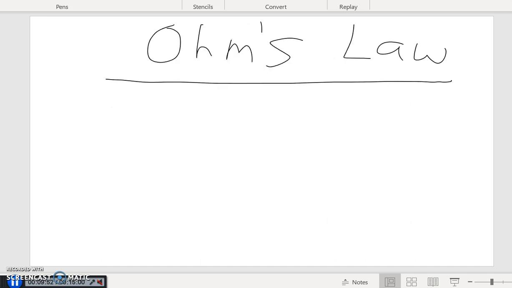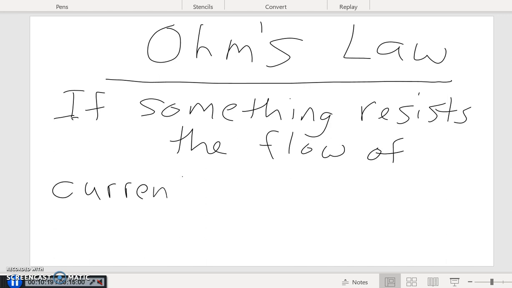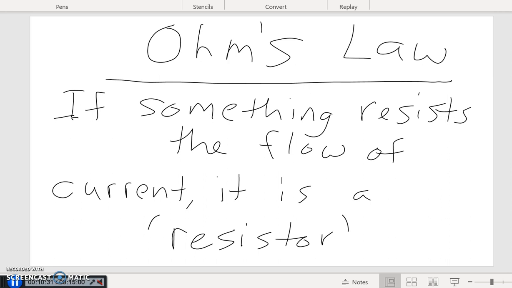If I have something that resists the flow of current, we call this a resistor, or in some cases we call it a load.